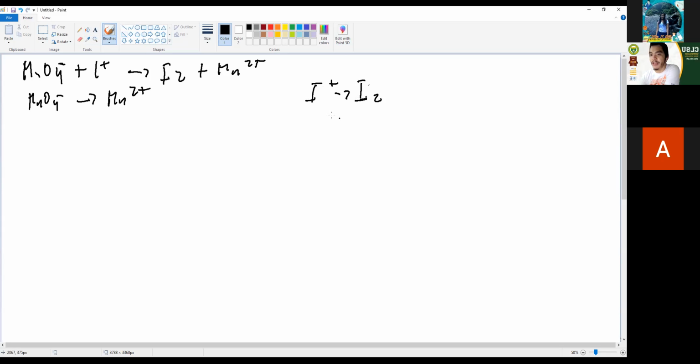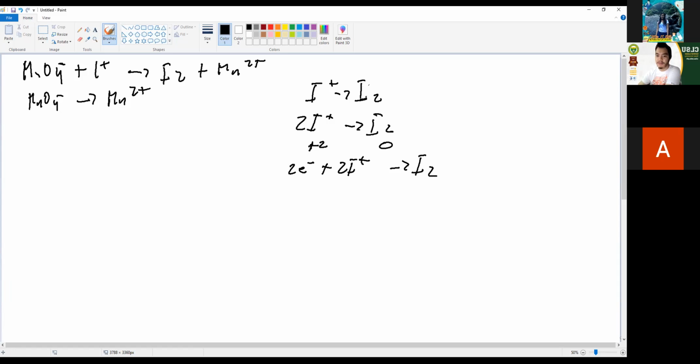Dito muna tayo, madali lang to. So balance ni iodine, so 2I will yield I2. So you have 2, ang charge dito is positive 2, ang charge dito 0. So dito tayo mag-a-add ng electrons. So 2 electrons plus 2I positive will yield I2. O, balance na siya.